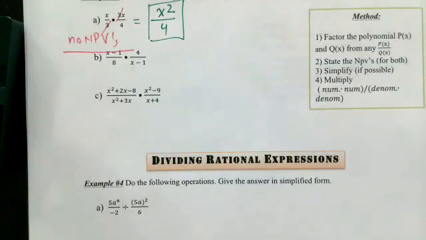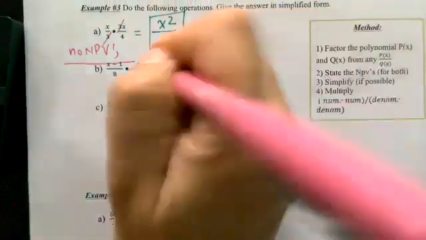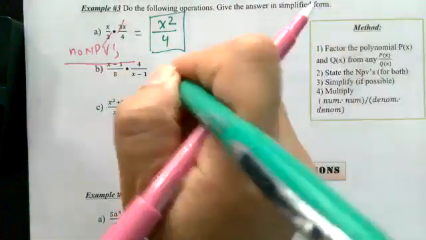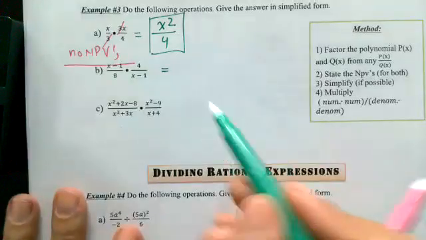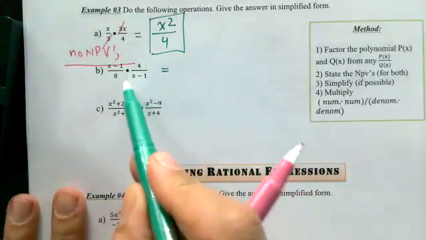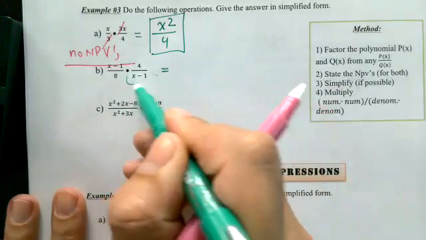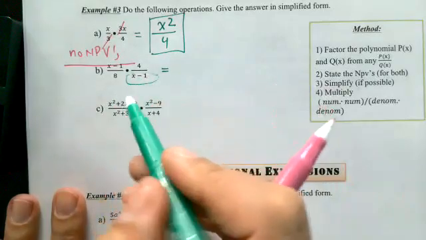B, x minus 1 over 8 times 4 over x minus 1. Already they're factored, so nothing to do. And then for the NPVs, you only have one expression involving x in the second fraction.